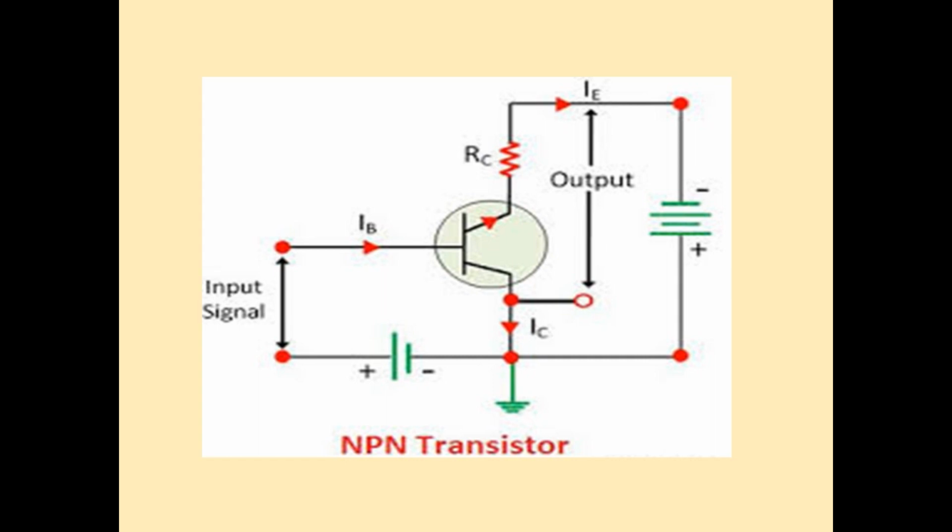So VBC is input voltage across base and collector, and output is measured across emitter and collector. VEC is output voltage in CC configuration.